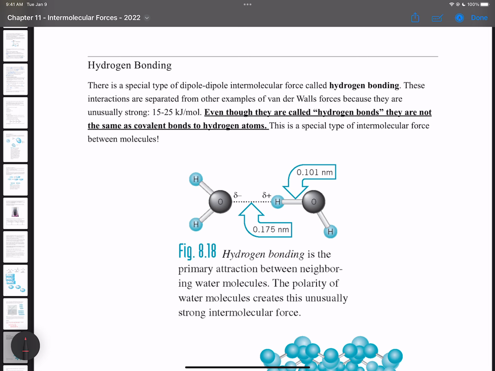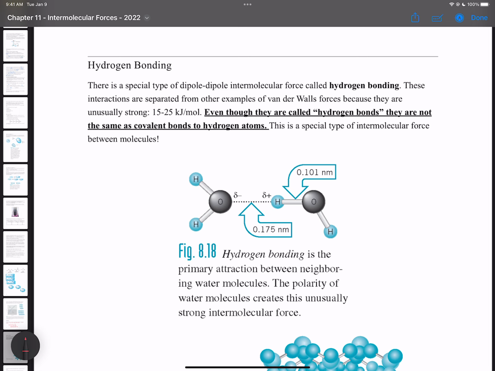So it's kind of a misnomer, because hydrogen bonding does not refer to a hydrogen bond within a compound, like an OH bond. So that's not what hydrogen bonding is. It should be called something else, but we don't call it anything else just because it's an intermolecular force, and just by definition, hydrogen bonding kind of sounds like a hydrogen bond when we say it like that.